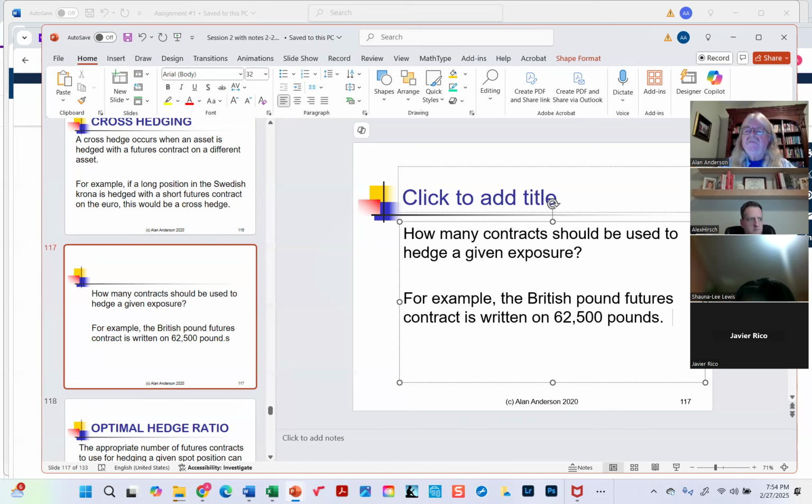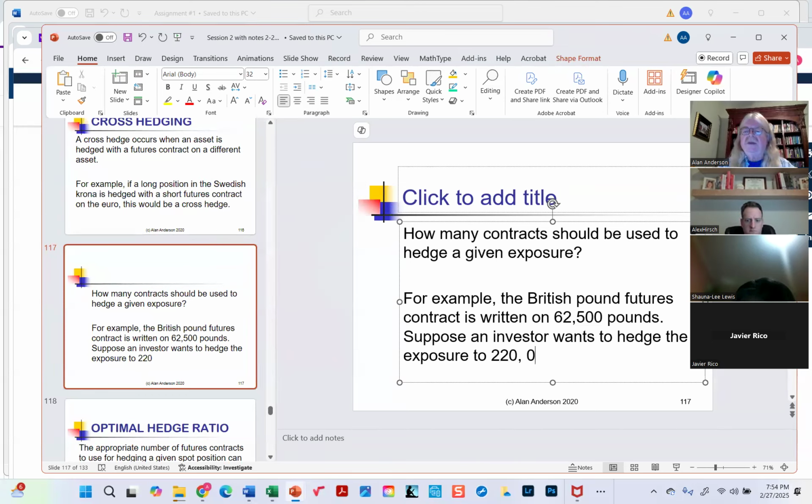Suppose an investor wants to hedge the exposure to, let's say, 220,000 pounds. How many contracts should he or she use?